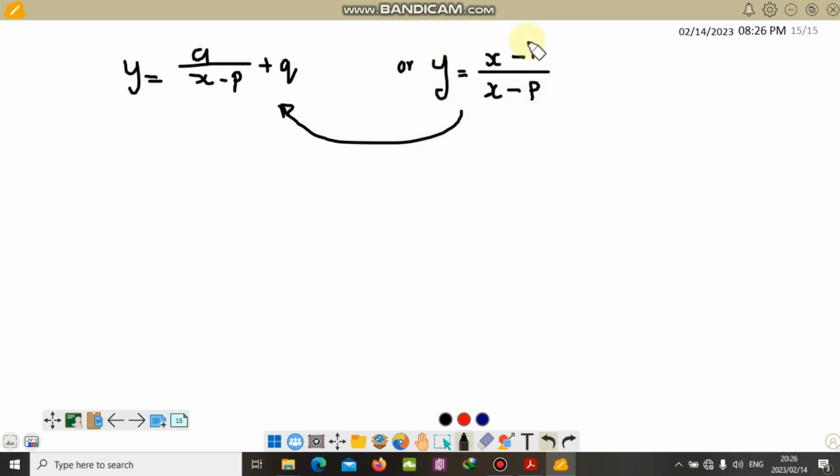So when you are given this, you will be given a point on a graph, say for example this is 2 and 0, and you'll also be given the x coordinate of the asymptote.